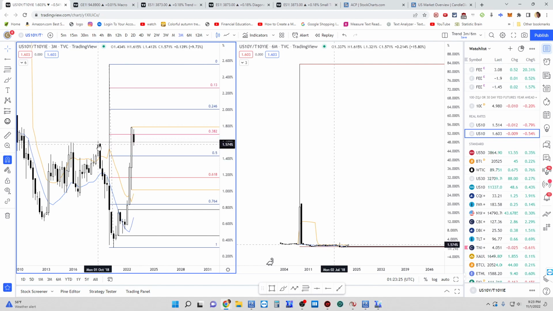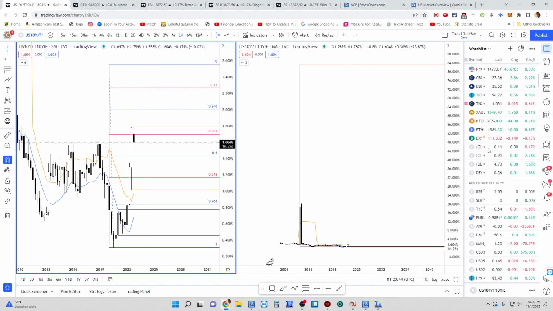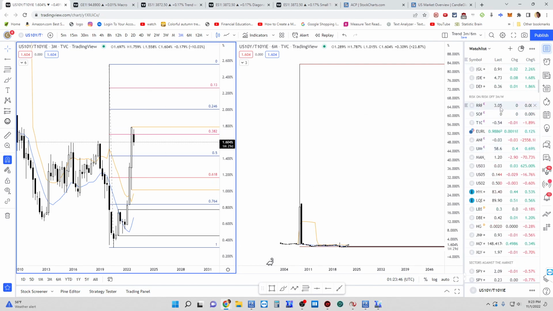It broke out above these highs here, and it's currently retesting it. The fact that it's holding week over week right there is suggesting weakness in gold. Period. That's the main reason why that's in my watch list.